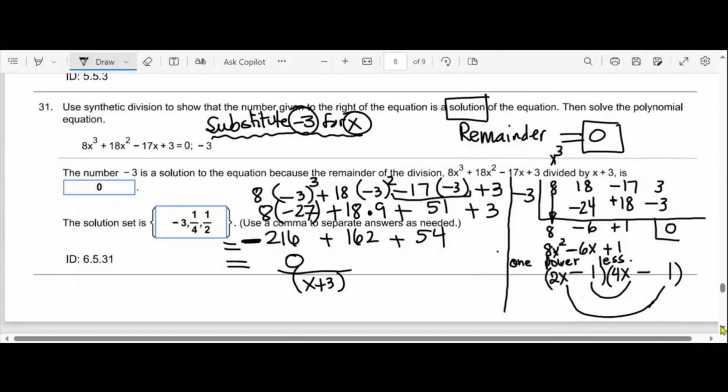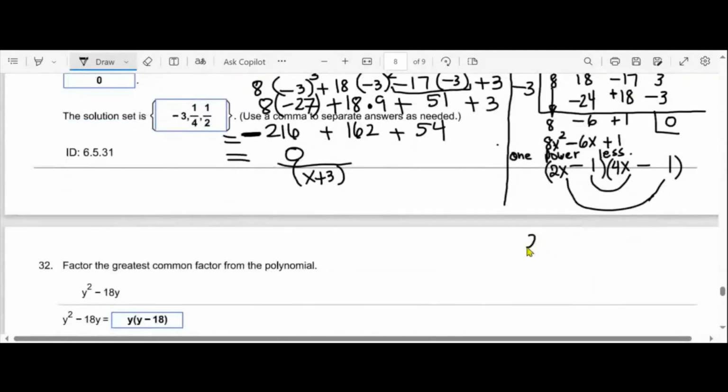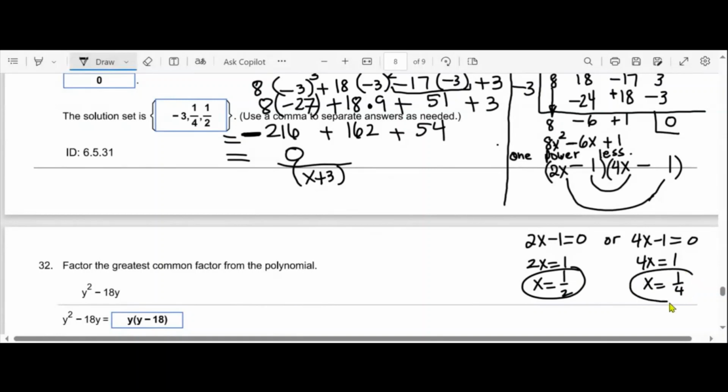Okay. Now, what is the solution? You have 2x minus 1 equals 0, or 4x minus 1 equals 0. So 2x equals 1, 4x equals 1. So x equals a half, and here x equals 1 over 4. So three solutions.